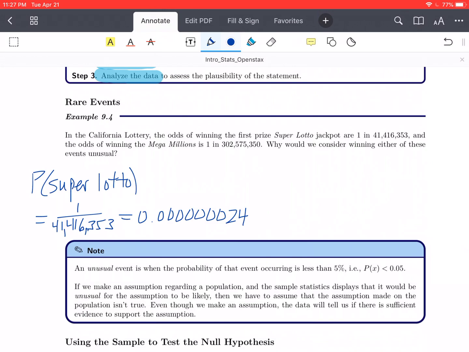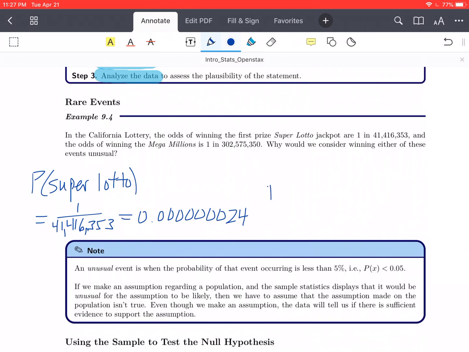As a percentage, that's a 0.000024% chance of winning. So significantly less than a 1% chance of winning. And that's the Super Lotto. That's not even the Mega Millions.